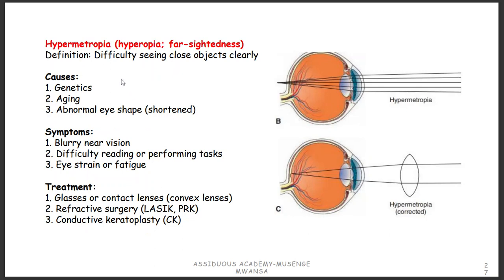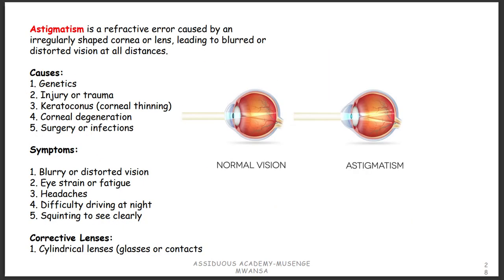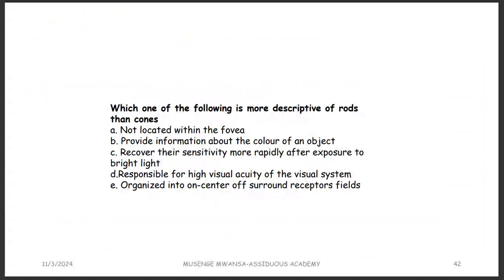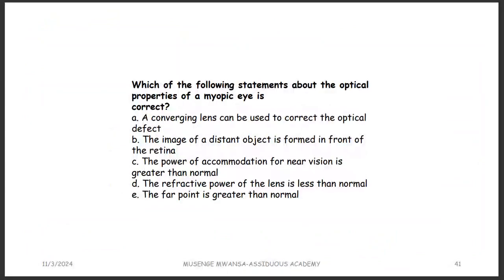Opposite for hypermetropia or hyperopia, farsightedness, the image is behind the retina. That is when you are looking at something that is near, but when you look at something far, your eyes are fine. To correct that, you use a convex lens. Then astigmatism can be corrected using a cylindrical lens. Okay, so I hope we all agree there.